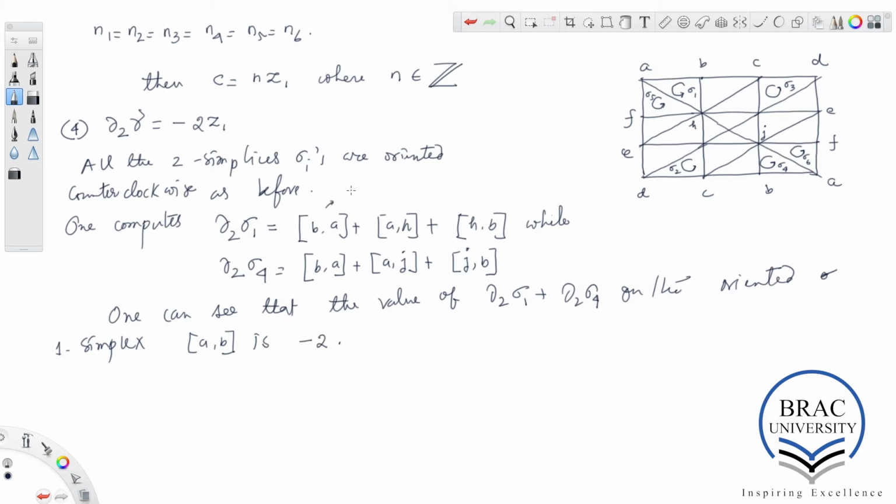Because this can be written down as minus a comma b, and so is this one minus a comma b, and when you add them up you have a coefficient minus 2 coming in front.